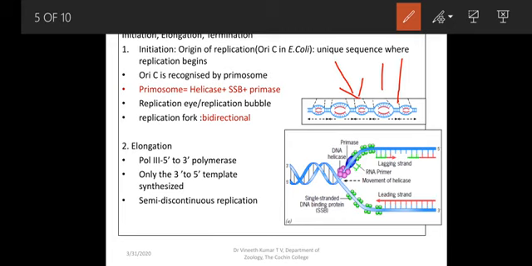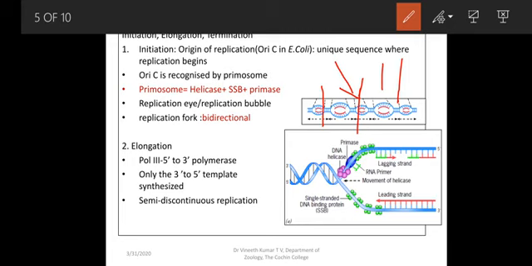If I take a single point of this replication, it can be taken as analogous to a bubble, or an eye. Because of this analogy, this structure is referred to as a replication eye or a replication bubble.